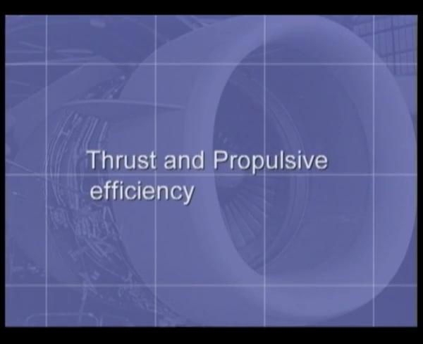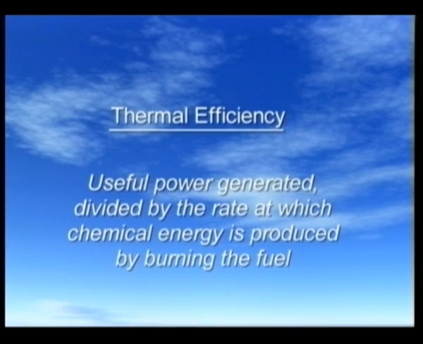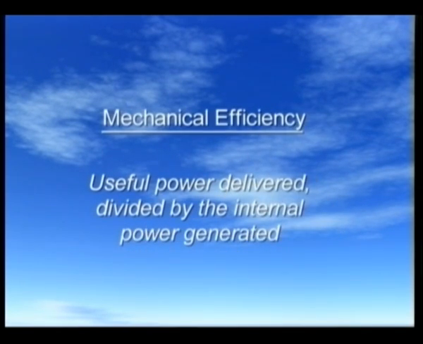Before we look at thrust and propulsive efficiency, let's talk about the various kinds of efficiency. Thermal efficiency, which is the useful power generated, divided by the rate at which chemical energy is produced by burning the fuel. Mechanical efficiency, which is the useful power delivered, divided by the internal power generated.